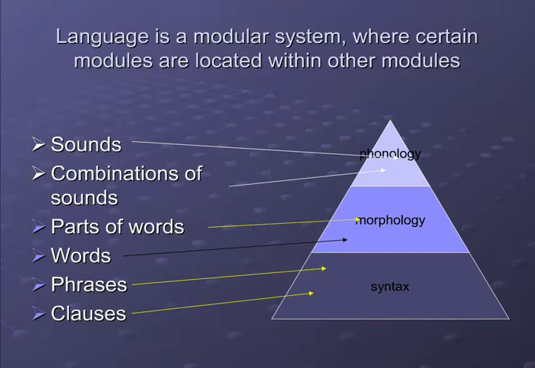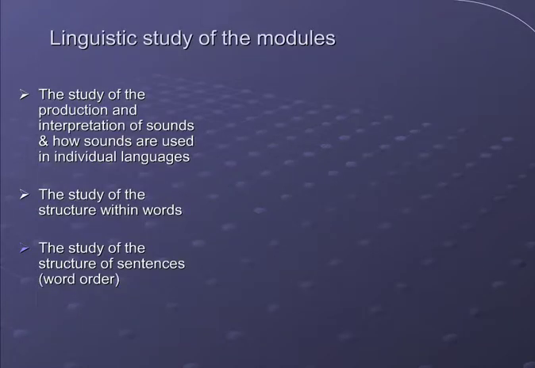Other aspects of the language system include areas of meaning, semantics, and meaning in context, pragmatics, and we'll look at these shortly. When we study the different modules from a linguistic viewpoint, we study the production and the interpretation of sounds and how sounds are used in individual languages.